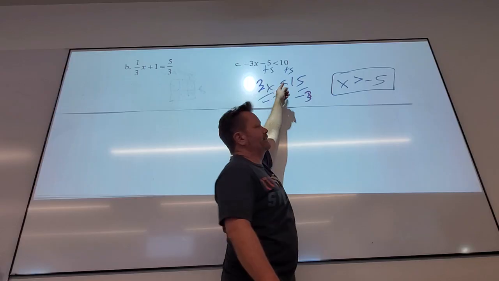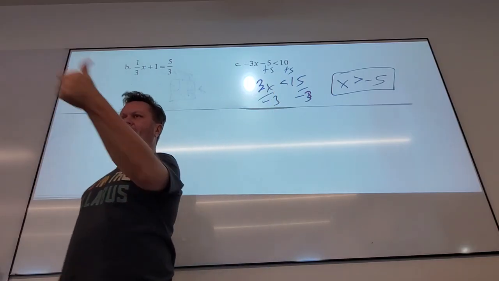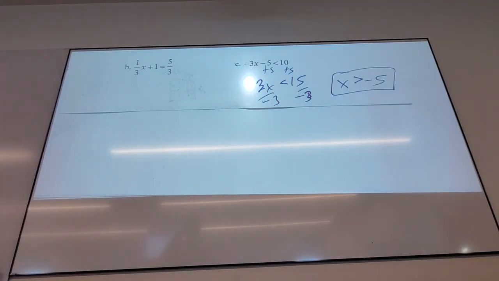You get -5 is less than 10, is that true? I feel pretty good then. I feel my inequality symbol's going the right way. So if you forgot to flip it, plugging a 0 in should make it not true. If the answer was x is less than -5, 0 should make it not work. So when I plug a 0 in and it works, I'm like, oh no, whoops.